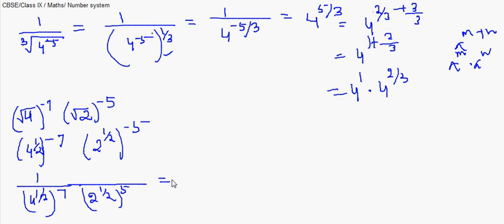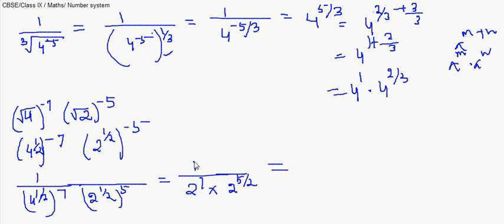That means what? The 4th root is 2, so it is 1 by 2 to the power 7, and here the square root of 2 would get into decimals, so I can simply write 2 to the power 5 upon 2.